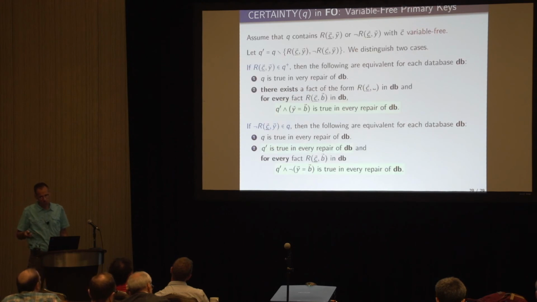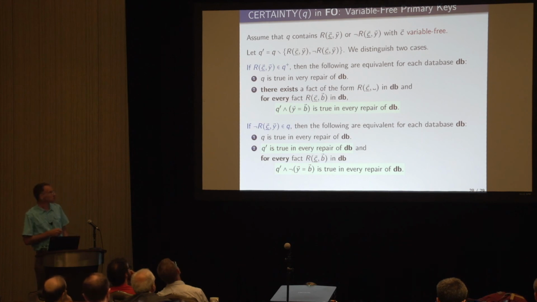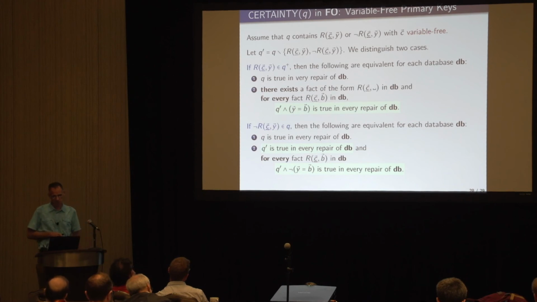And then the next case, it's a little bit more complicated, is suppose we have a primary key that contains no variables. So it's of the form R(C) or the negation of it, but C contains no variables. So I will denote Q prime as Q minus this atom with a variable-free primary key. And then you can easily see that, suppose first that it's a positive atom, then if Q is true in every repair of the database, then the following should hold.